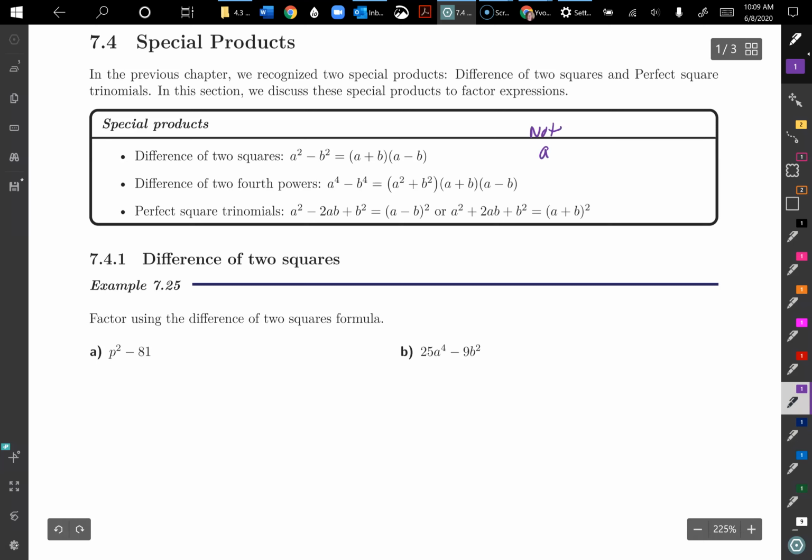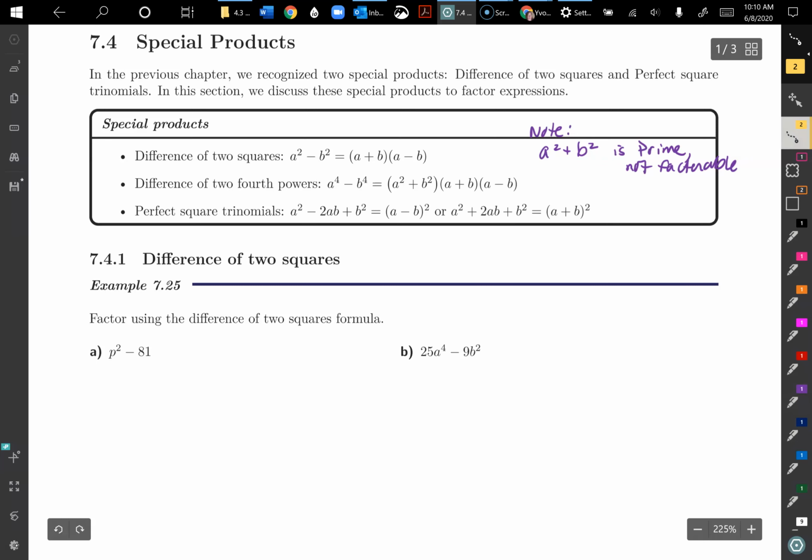Note that a squared plus b squared is prime, we could say, or not factorable. So if you see a sum of two squares, then you're not going to do anything. You're just going to write prime or not factorable. You don't want to leave it blank though.